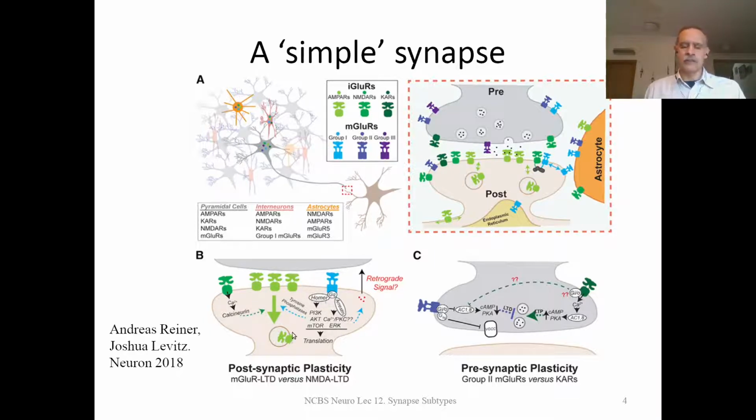And there's a lot of complicated stuff here, which I won't get into. But you can also have a lot of presynaptic plasticity, which changes, for example, how much neurotransmitter is released and other aspects of the dynamics of the process. So you have a range of things that can happen and a range of receptors, and in fact even a range of partners in what is supposedly a simple synapse. So just bear that in mind.